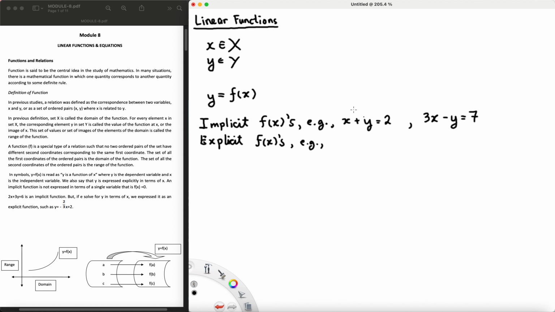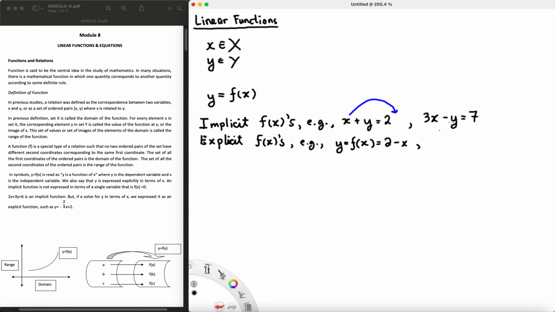By algebraic manipulation, we can transpose the x to the other side. And what we have as our first example of an explicit function is y, which we can equate to f of x, is equal to 2 minus x. That's going to be our first example.